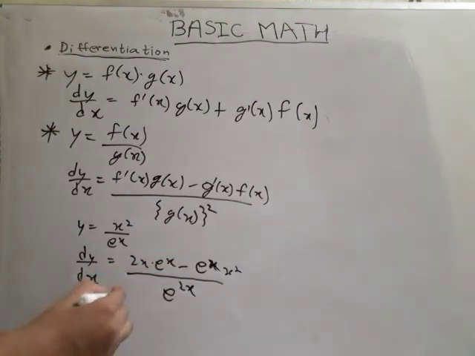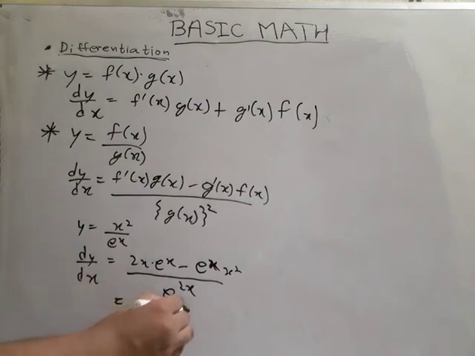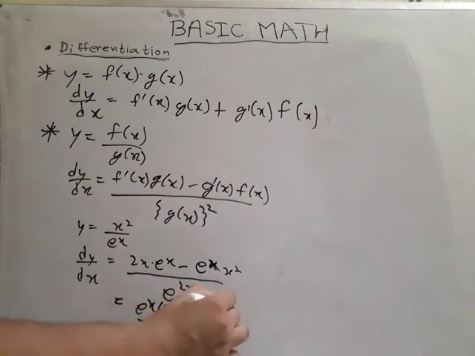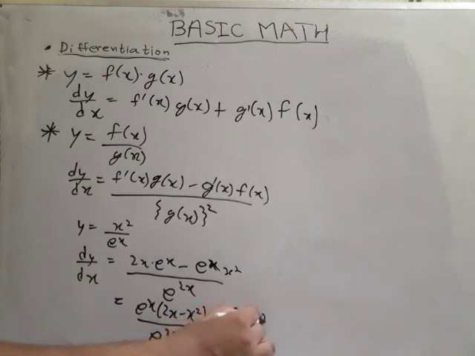We take e to the power x common: e to the power x times (2x minus x square) by e to the power 2x, or it becomes 2x minus x square by e to the power x.